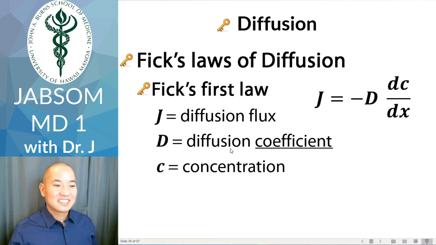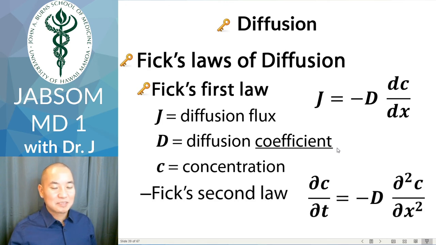Now, there is a second law of diffusion, and I won't cover it as much. I can cover it during the live Q&A session if you really want me to. Fick's first law is the one that has more application to respiratory physiology, but Fick's second law is more about the actual physics of it.